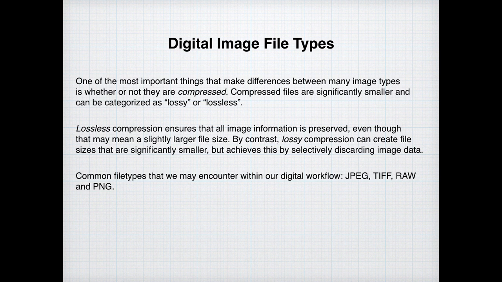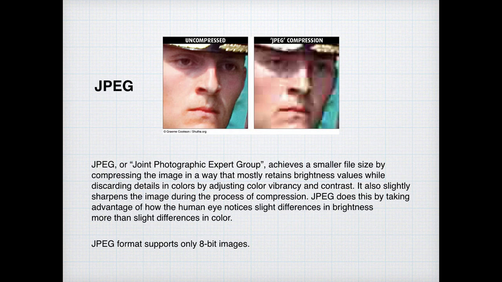So these are also some common file types that we'll encounter throughout the semester, the first being a JPEG. A JPEG, or Joint Photographic Expert Group, is a compressed file, and that compressing of the image maintains the brightness, but can also discard colors and adjust the vibrancy and the contrast through that compression process.